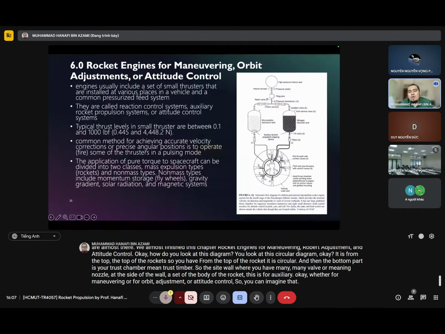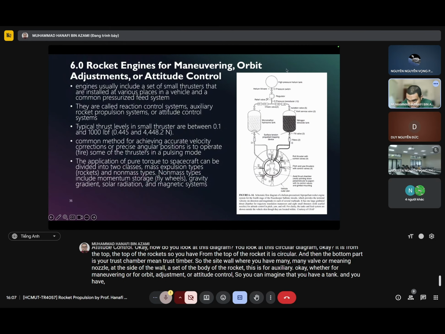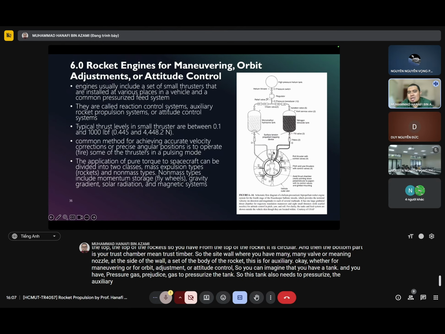So you can imagine you have a tank and pressurized gas to pressurize the tank. This tank also needs to pressurize the auxiliary thrusters.